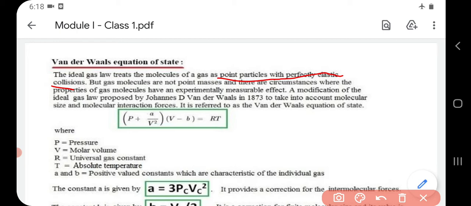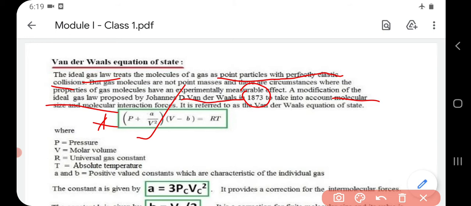So this ideal gas law has to be modified. For that, a scientist named van der Waals in 1873 modified the ideal gas equation into a particular form. He considered molecular size as well as molecular interaction forces.